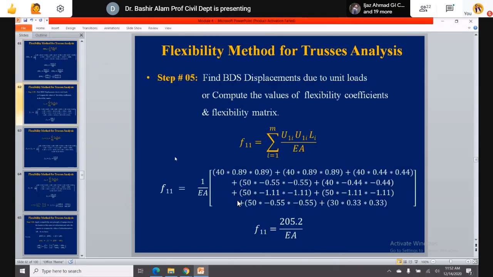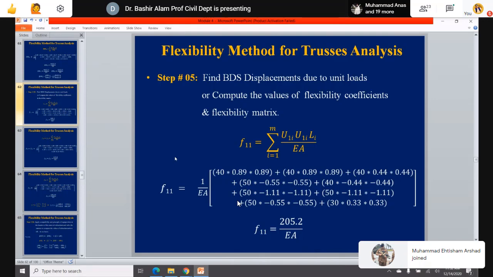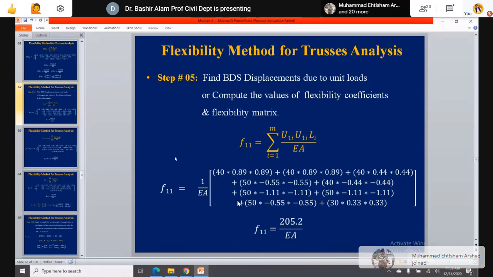Next we find out the F11 value. You can see the product of the values now, which components you will multiply with their appropriate signs also. In such situations, if you see minus minus, it is actually a square. The square of positive or the square of negative is always positive.